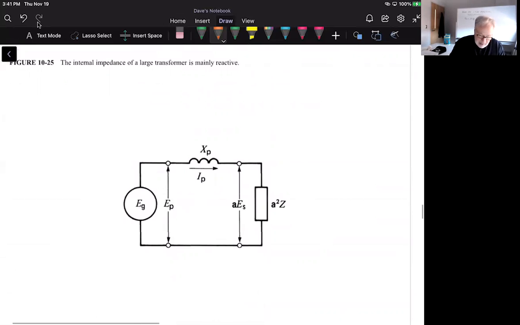Okay, and there we go. The equivalent circuit is thus reduced to a simple reactance, X sub P, between the source and the load. And it is quite remarkable that figure 10.8, which had all those components in it, can be reduced to this simple reactance in series with the load.